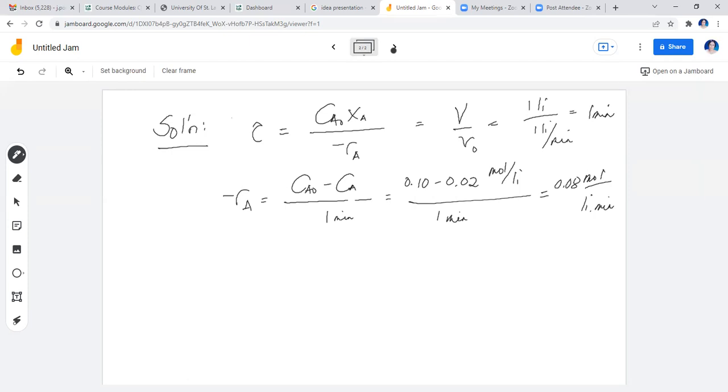Now, we use the same formula for the other species in our reaction. So, for another equation, we have tau. This time, we'll talk about CB0 XB.